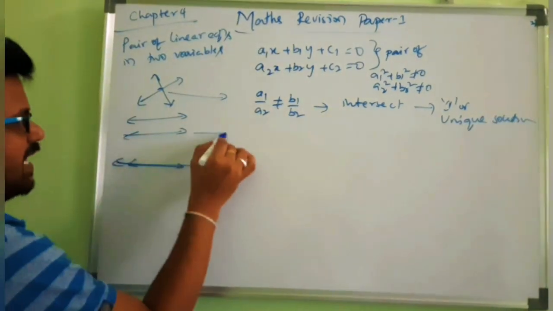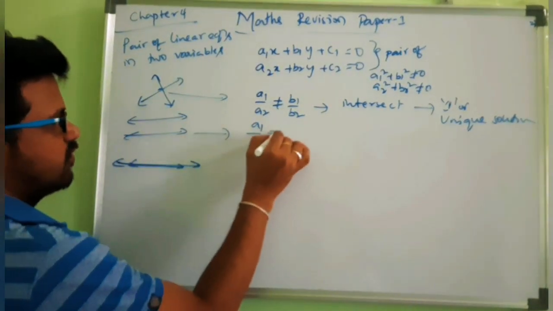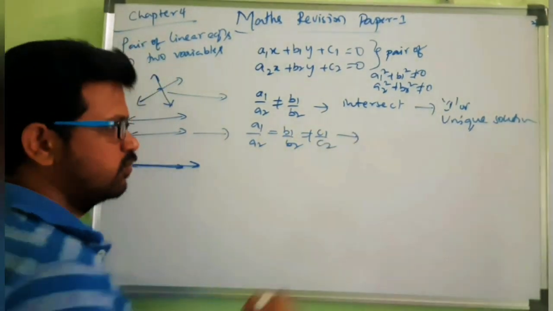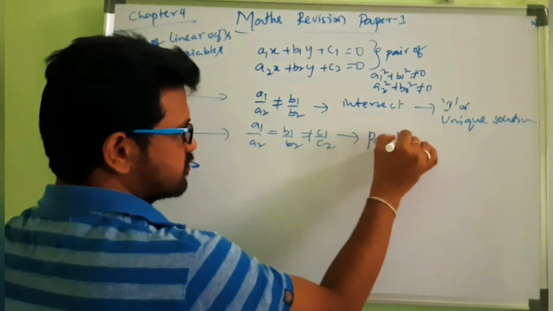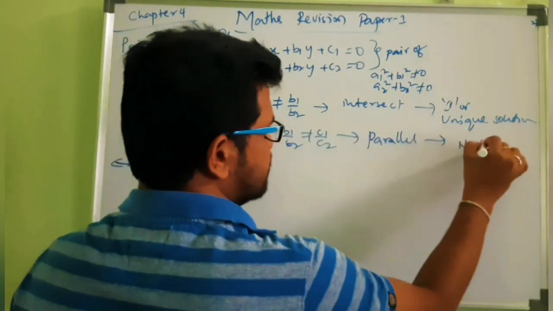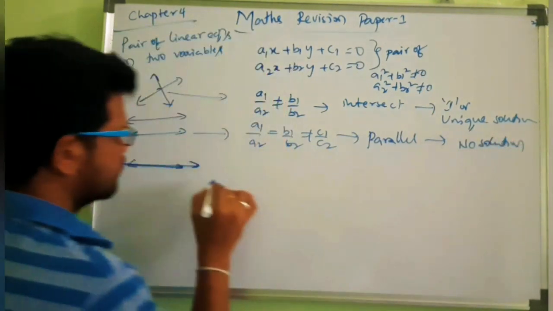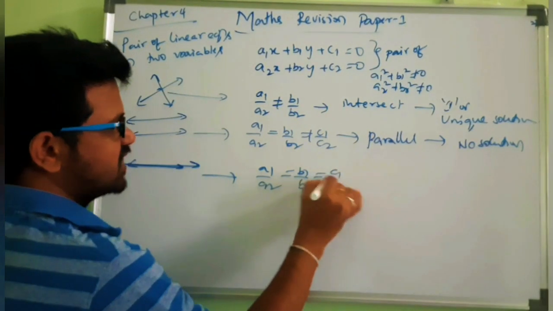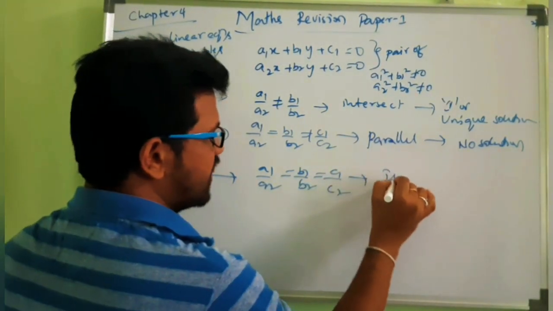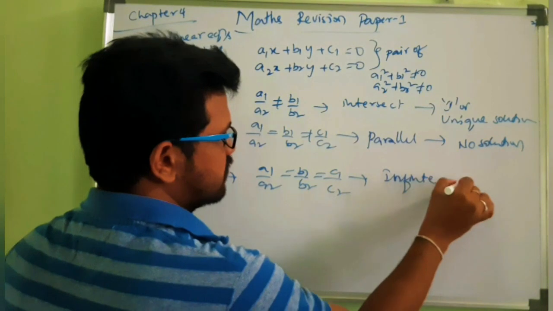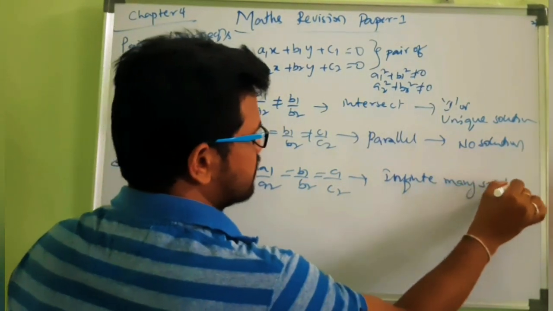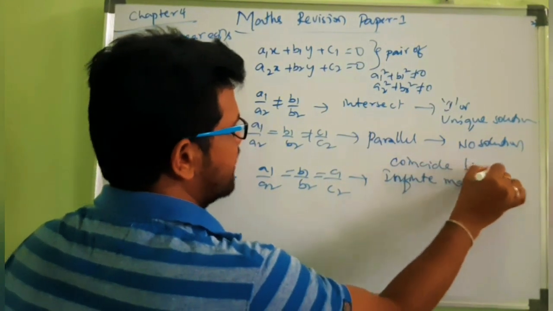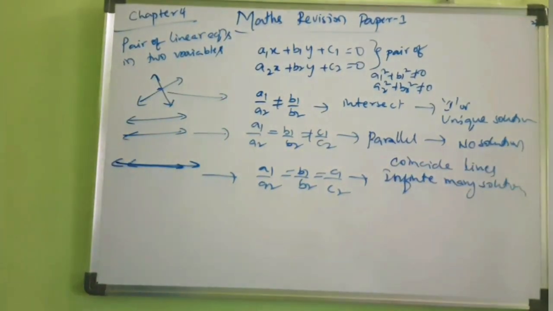And parallel: when a1 by a2 is equal to b1 by b2, not equal to c1 by c2, so parallel, no solution. When a1 by a2 is equal to b1 by b2 is equal to c1 by c2, infinitely many solutions. Which type of lines? Coincident lines. These three conditions are very, very important.